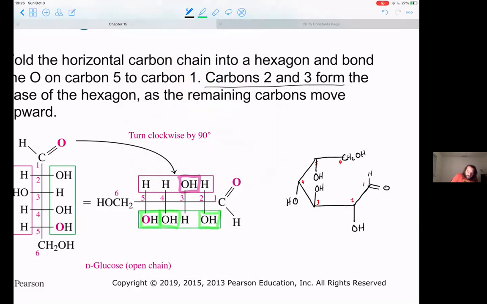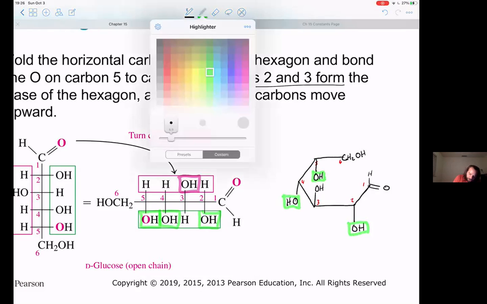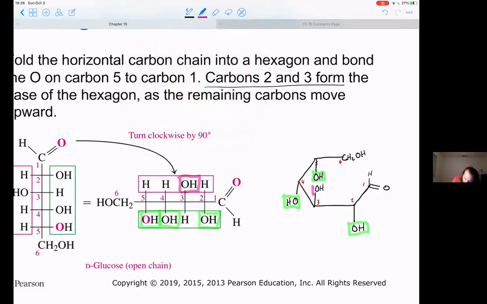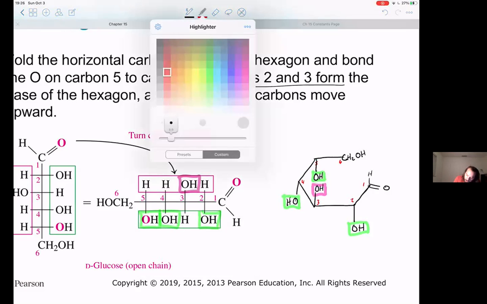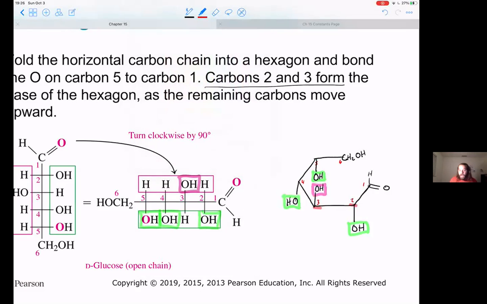Notice that the hydroxyl groups that are pointed down in my Fischer projection are pointed down in my Haworth structure. The ones that are pointed up in my Fischer projection laid down on its side are going to be pointed up in my Haworth structure. So step 2, draw that hexagon, make sure that your front carbons are carbons 2 and 3, and then fill in those hydroxyl groups so that everything matches.